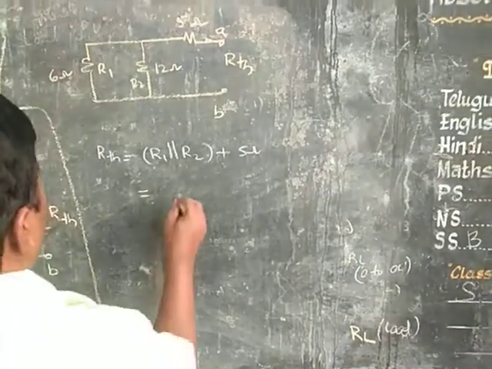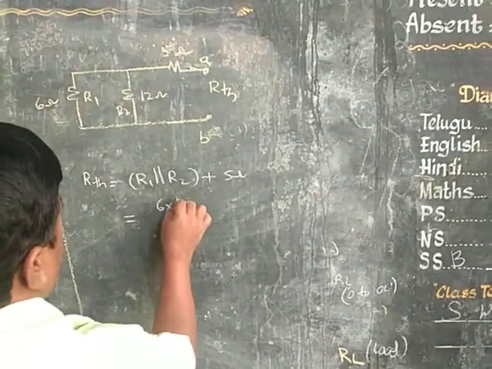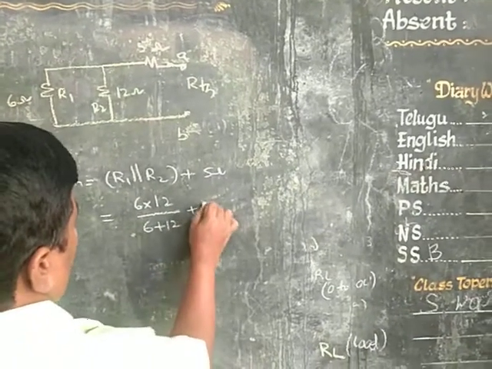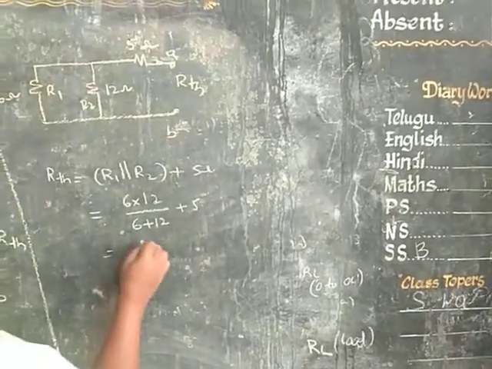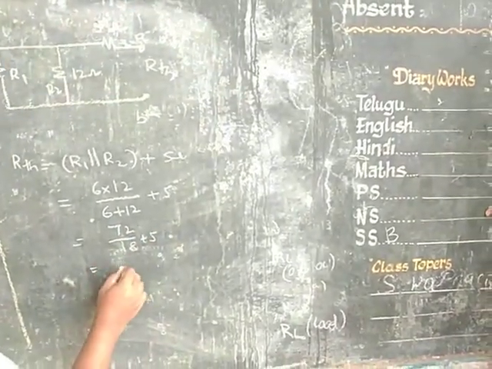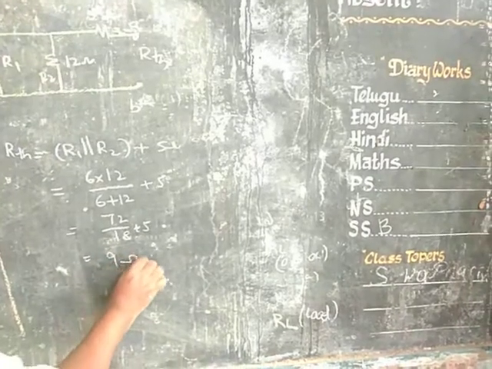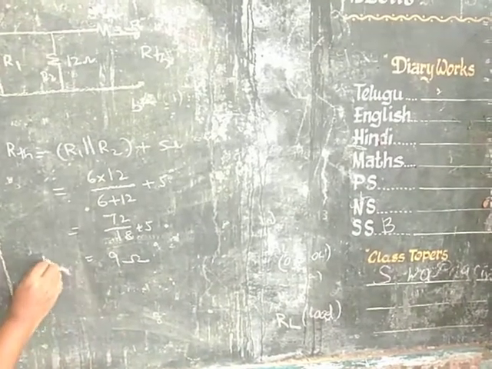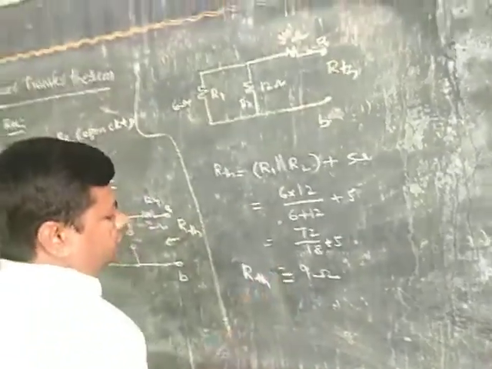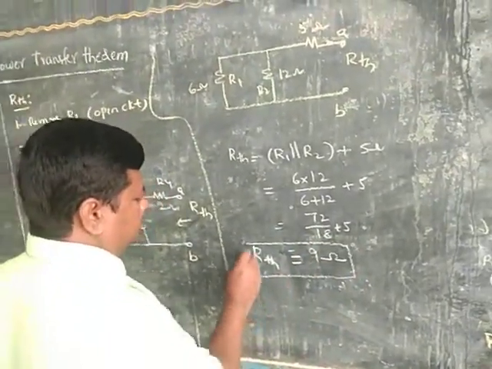R1 parallel to R2 is 6 into 12 by 6 plus 12, that is 72 by 18, plus 5, 4 plus 5, 9 ohms. So R Thevenin is equal to 9 ohms.